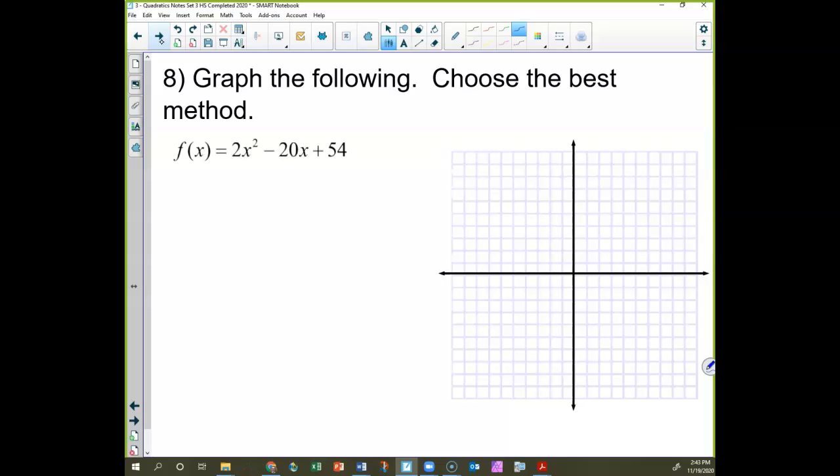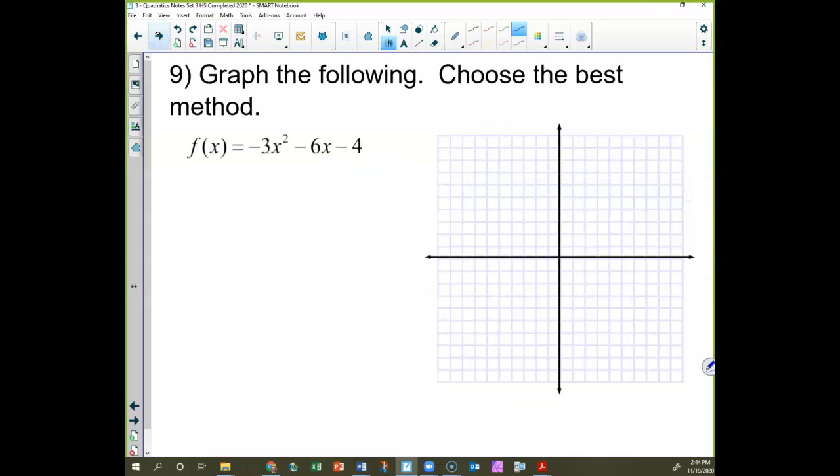I would have tried factoring, but it doesn't work. I don't have a choice. I've got to complete the square. So I don't have to give you a problem that says directions say complete the square on the following. Give you something like this, and that's your only option. Okay. And then in problem number 9, I actually would have in this case completed the square.